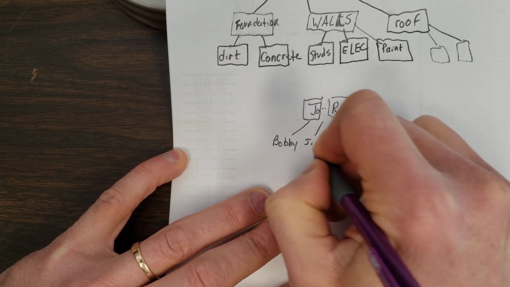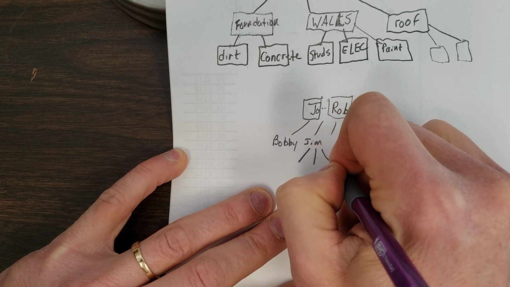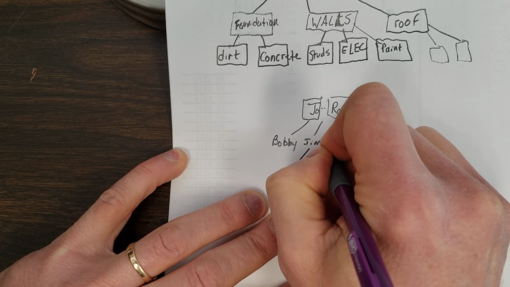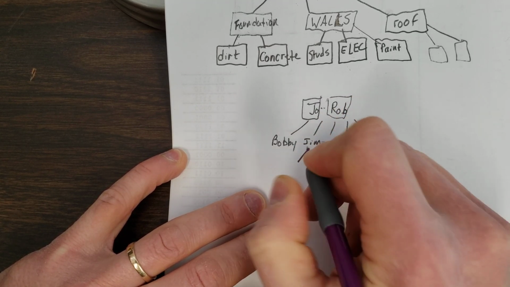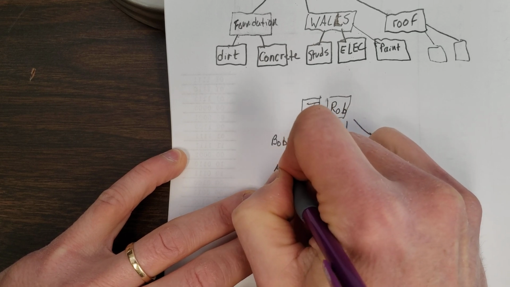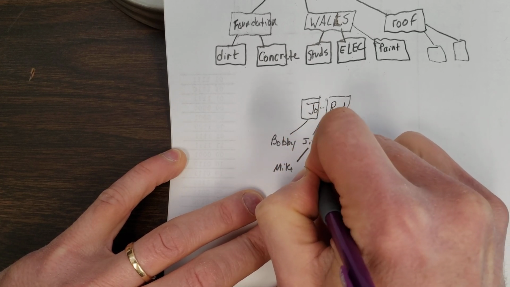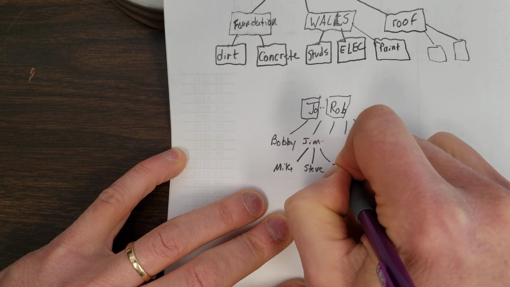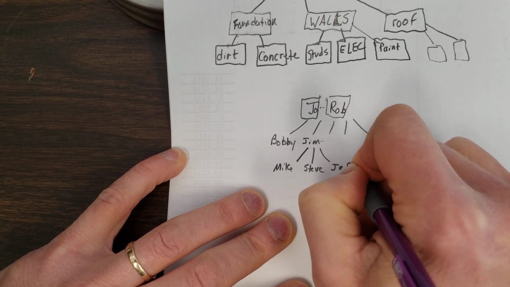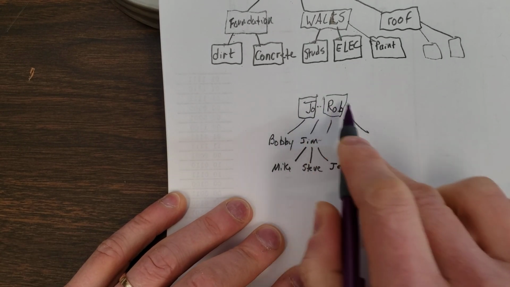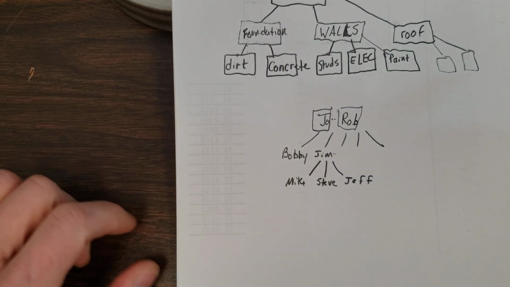That was my dad. And then Jim had, with a little dash line, Galen here. But then you have Mike, you have Steve, and then you have Jeff. So we've got all of these. They break down. That'd be a family tree.